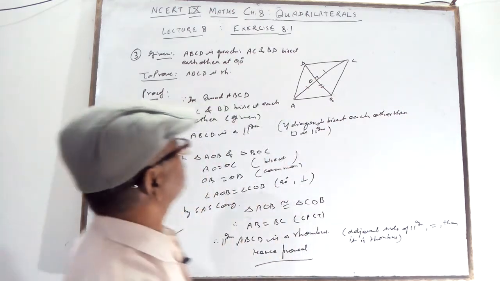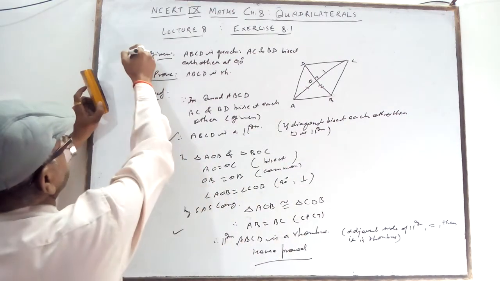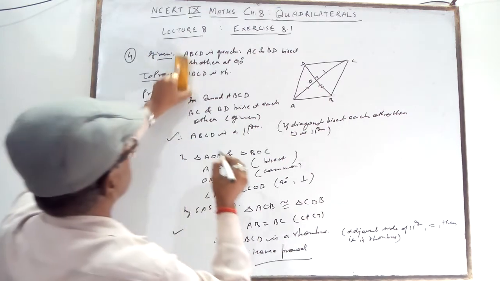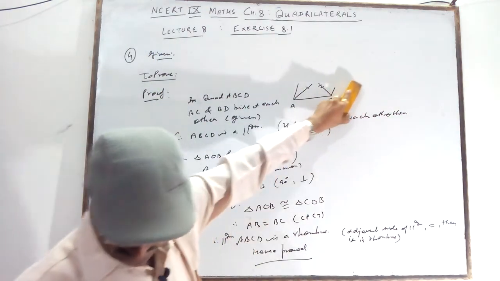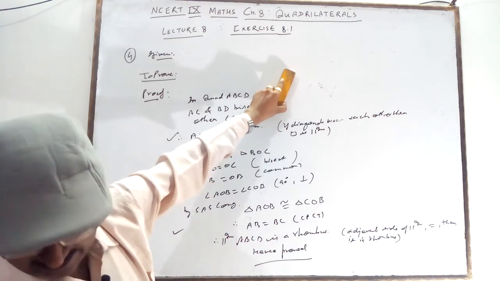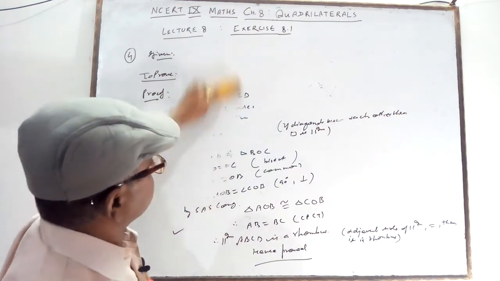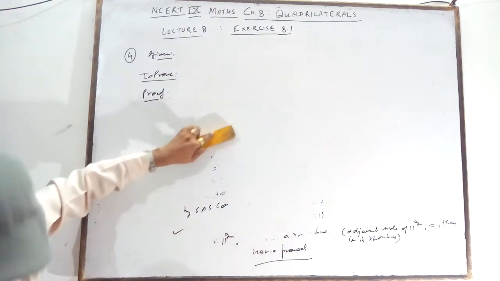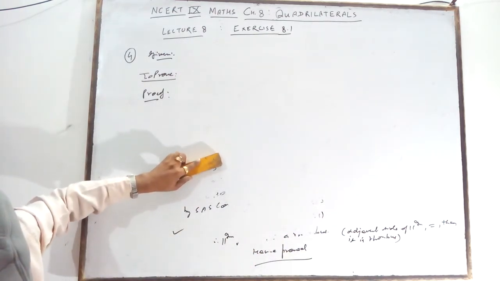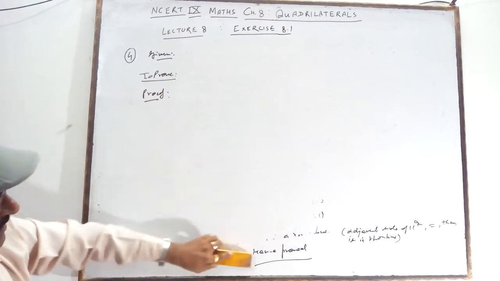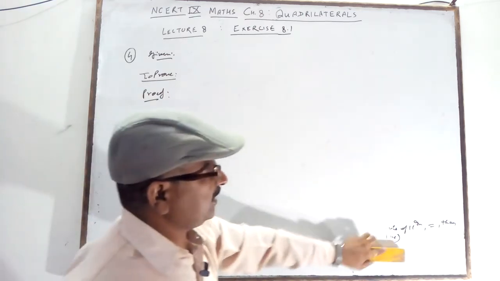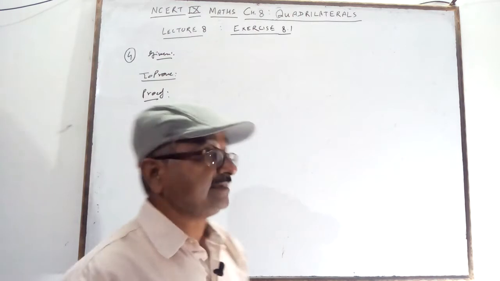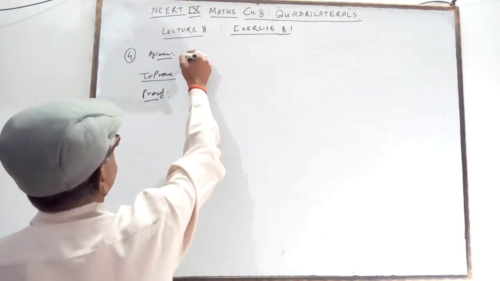Question number 4. What is given? Show that the diagonals of a square are equal and bisect each other at 90 degrees. What will you write?